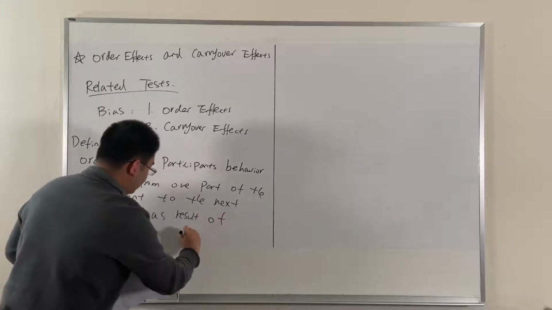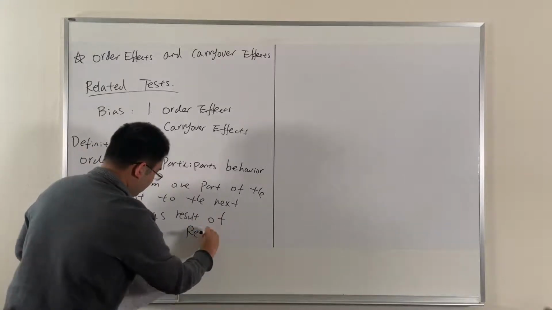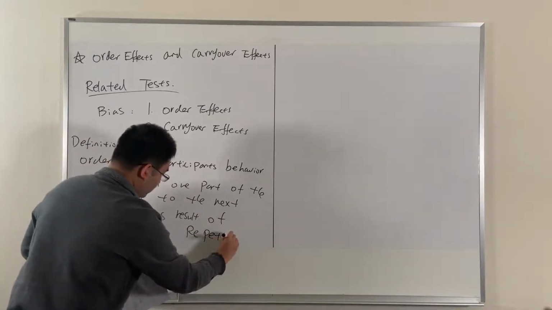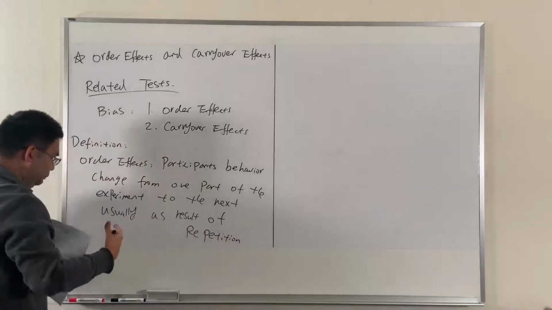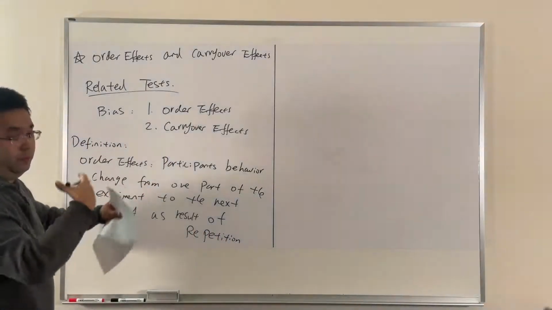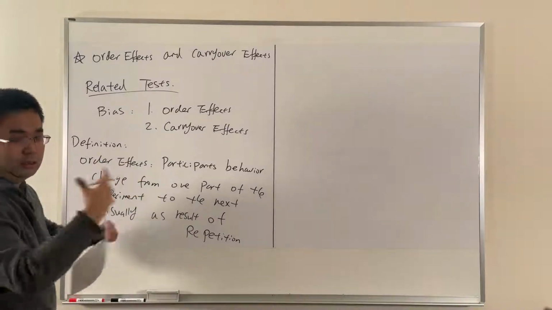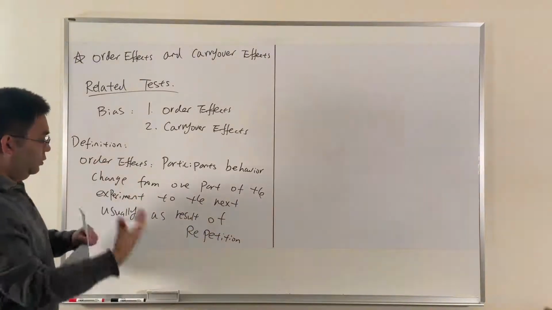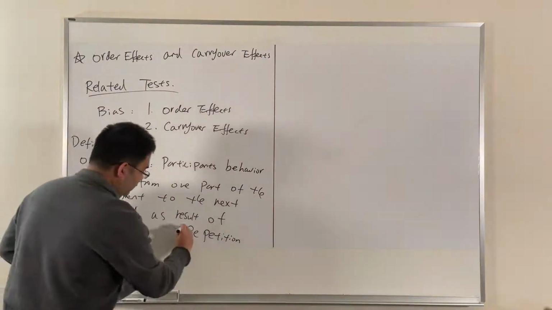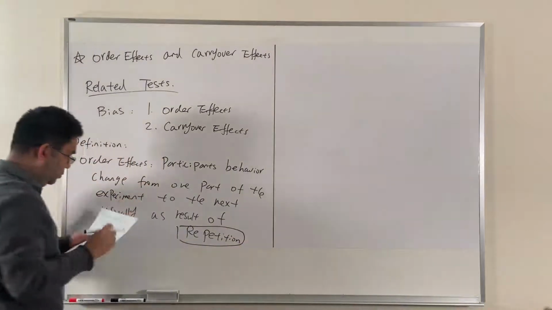So the word repetition is important here. This is the effect that people change their behavior because they're repeating the experiment or the test, right? So repetition is the keyword here.